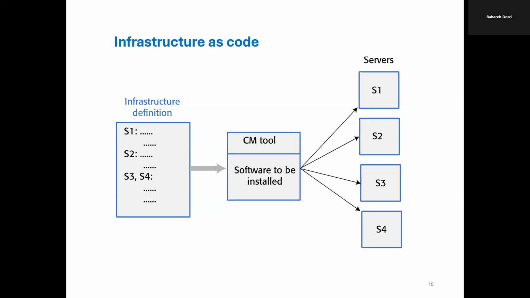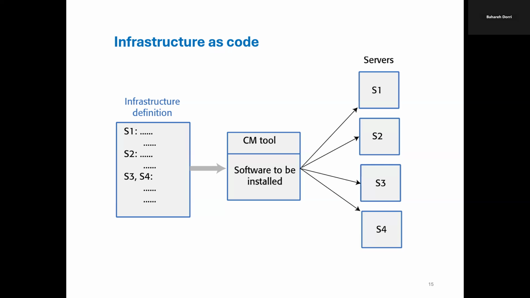setup. Now, instead of logging into each server and doing these installations manually, we pass this blueprint into a configuration management tool, CM tool, something like Puppet, Chef, or Ansible. And the CM tool reads through the definition and knows exactly what to install, where to install it, and how to configure it.